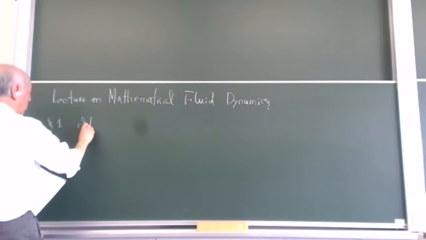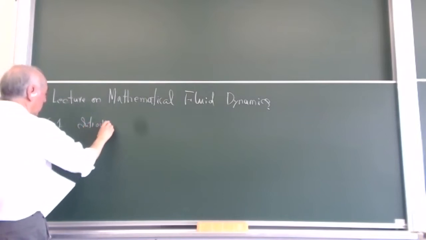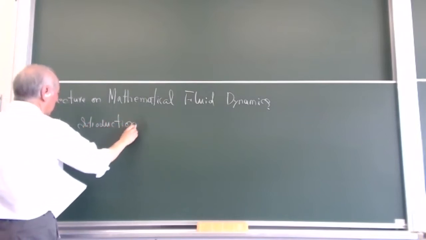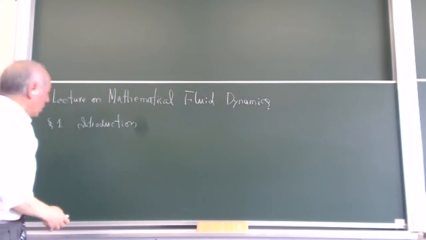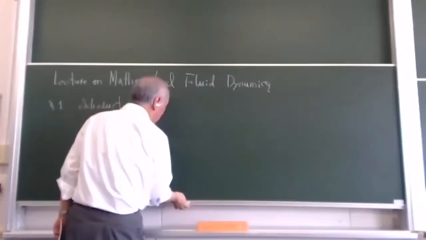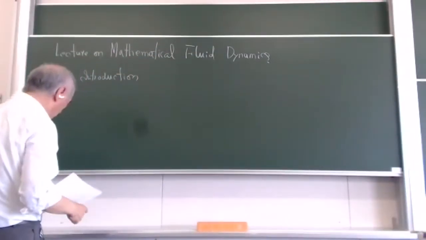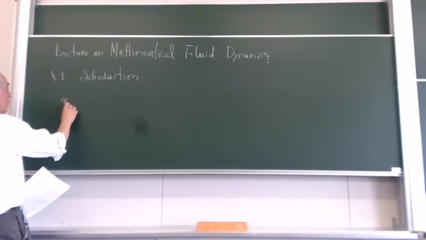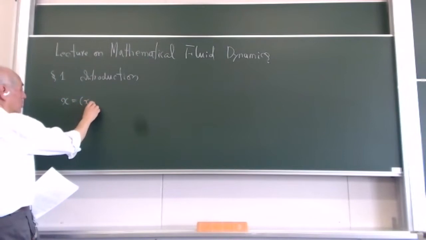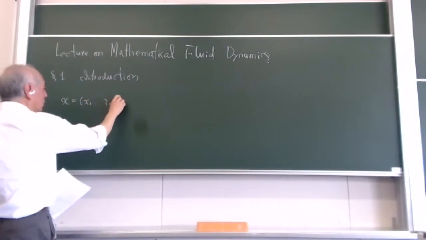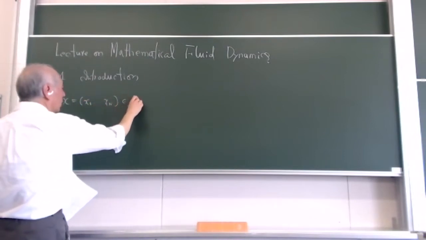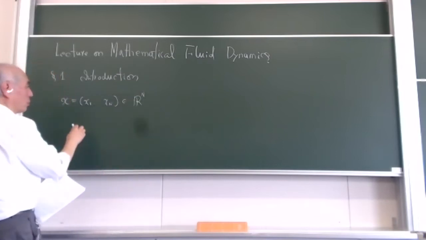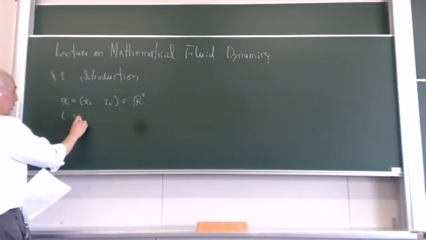I would like to give you the equation and also how to derive the equation. So x is a position vector, the position vectors, and t is a time value.